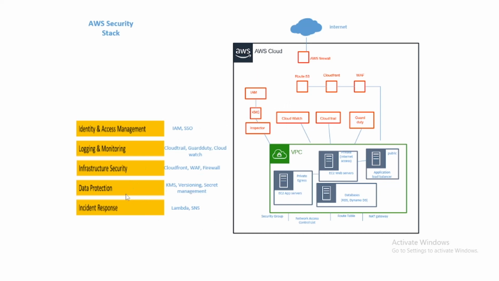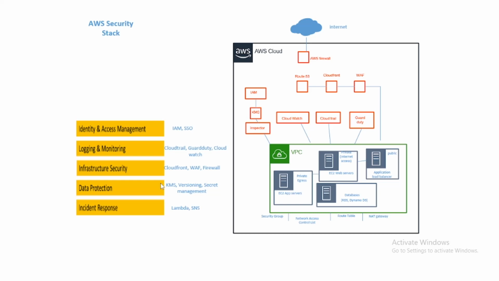And then when it comes to data protection, I want to leverage KMS, key management service, which is just saying, hey, if I have an S3 bucket or I've got any CloudTrail logs or any kind of VPC logs, I want those encrypted.